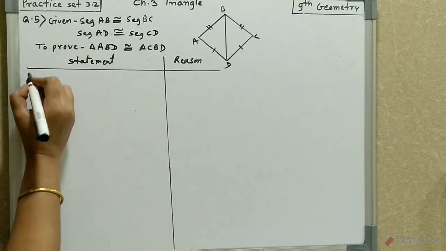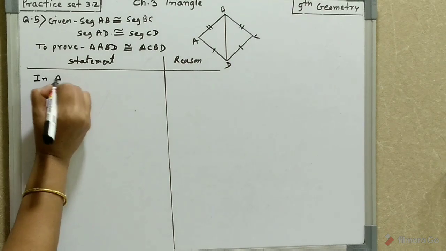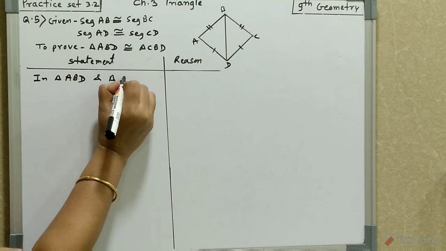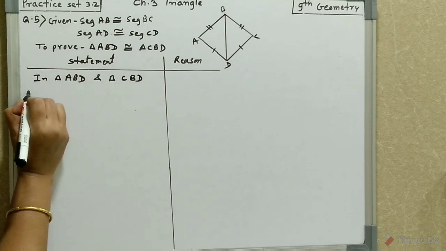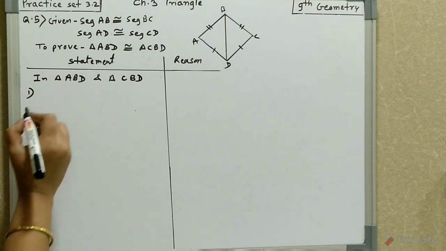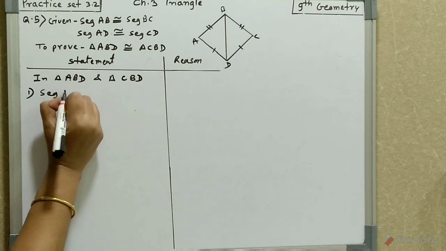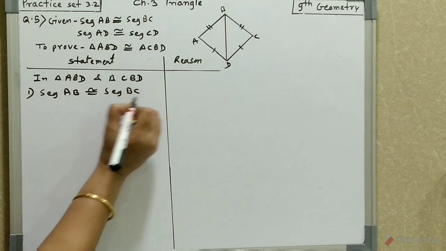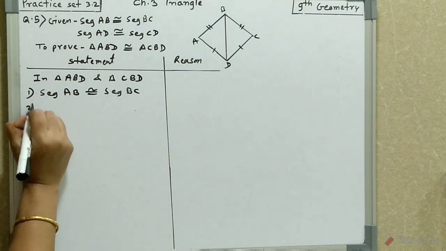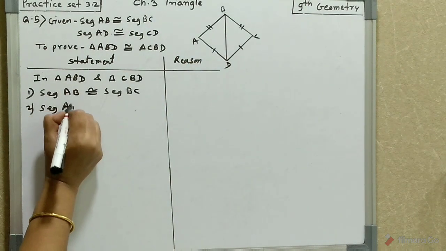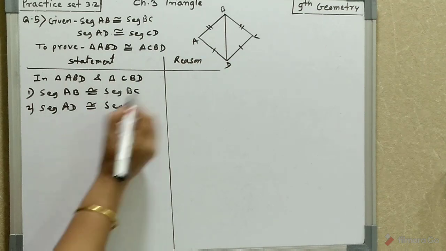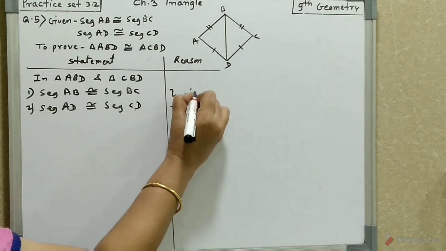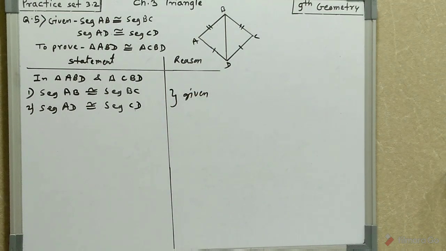So we write first, in triangle ABD and triangle CBD, what is the first? Segment AB congruent to segment CB. Now the second one, segment AD congruent to segment CD. What is the reason? That is given in our example. What is the next one?